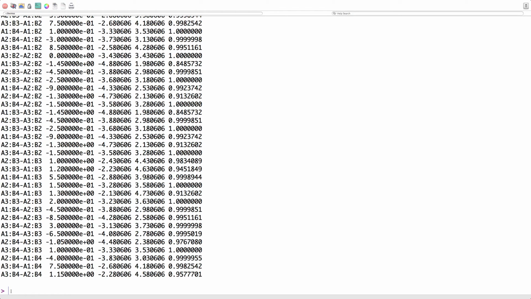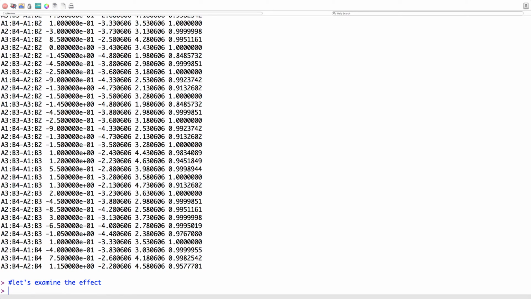So what I'd want to do next is examine the effect size. Or not the effect size, but examine the effect. So first thing I want to do is the effect for factor A, and that is the square root of the number of levels for factor A minus 1.